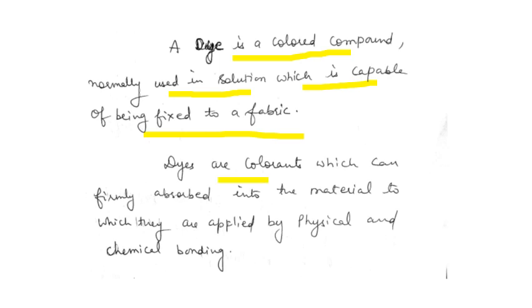The dyes are colorants which can be firmly absorbed into the material to which they are applied by physical as well as chemical bonding. As I have said before, the dye should be capable of being fixed to the fabric which is used for dyeing, and that fixation or attraction towards the fabric can be physical or chemical.